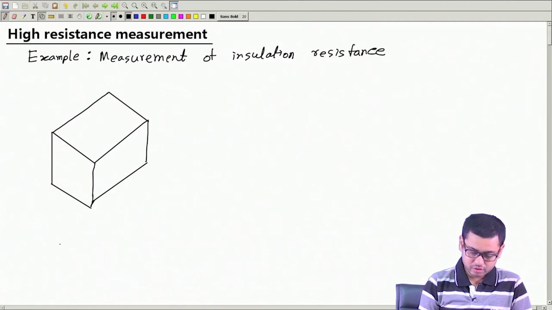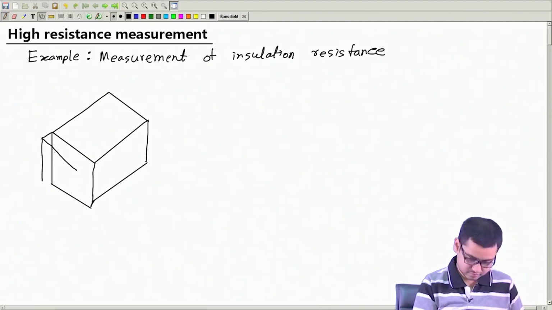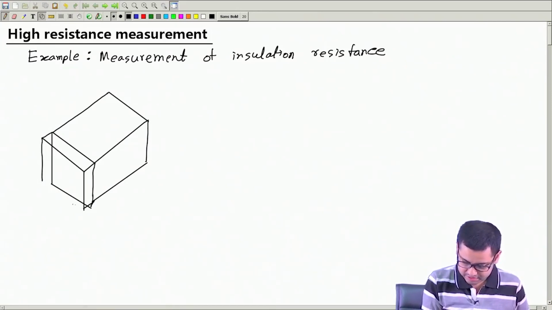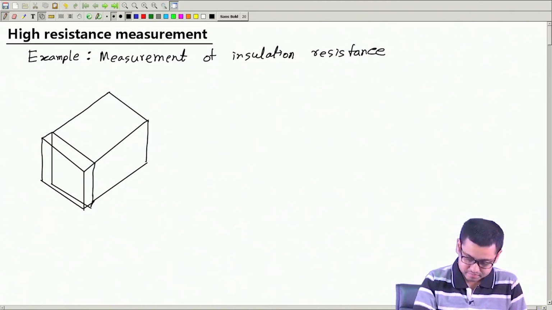Now, what I will do, I will put two conducting plates on two sides of this block, maybe one conducting plate here, so this is a conducting plate on this side, and similarly we will have another conducting plate on the other side, which is here.